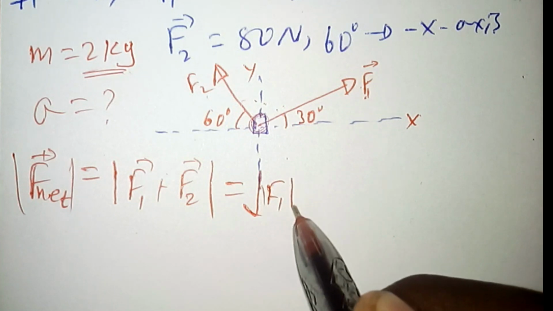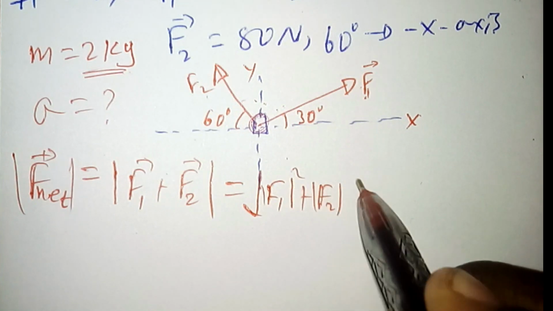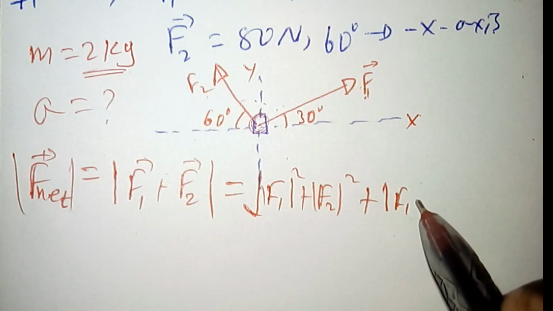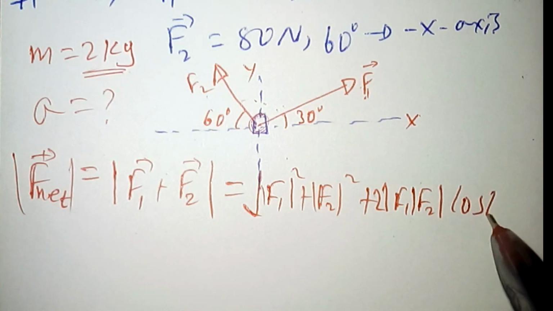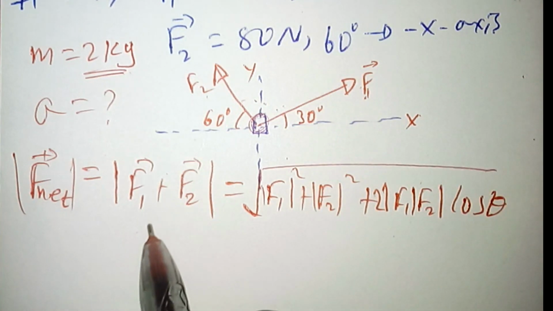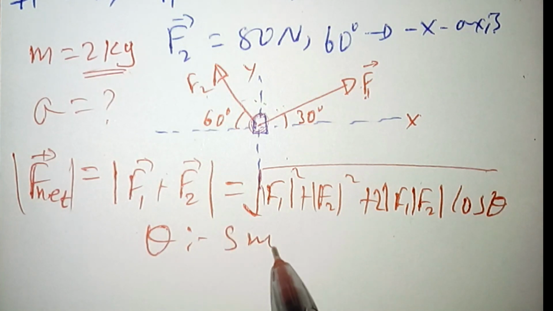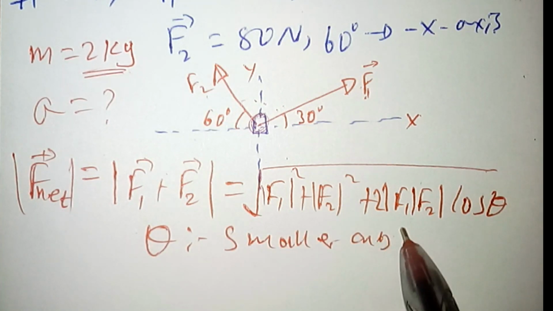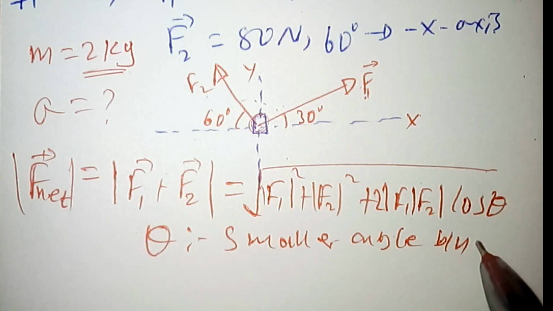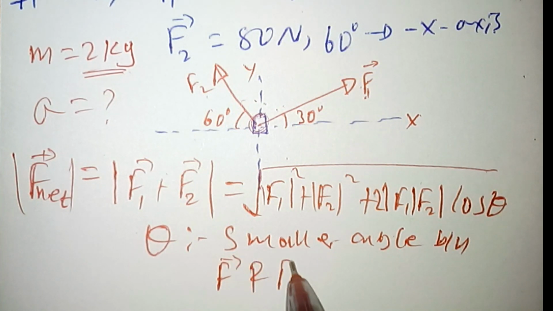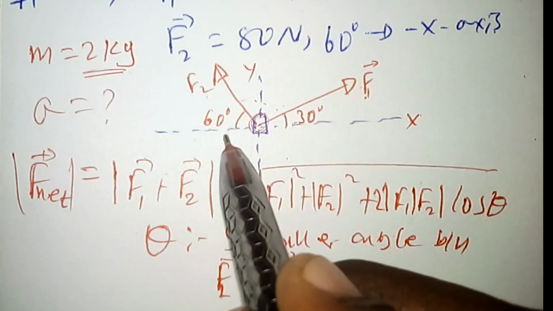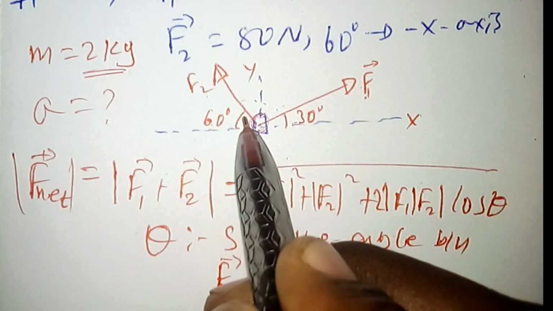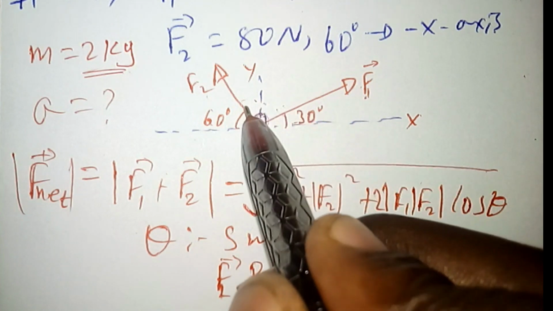So this is the magnitude of force 1 plus the magnitude of force 2, squared, plus 2 times the magnitude of F1 and the magnitude of F2 times cos theta, where theta is the smaller angle between force F1 and F2. Force F1 is at an angle of 30 degrees above the x-axis, and force F2 is at an angle of 60 degrees above the negative x-axis.